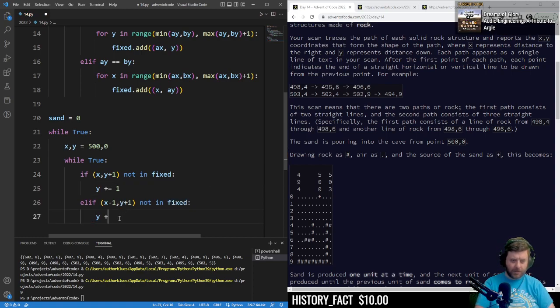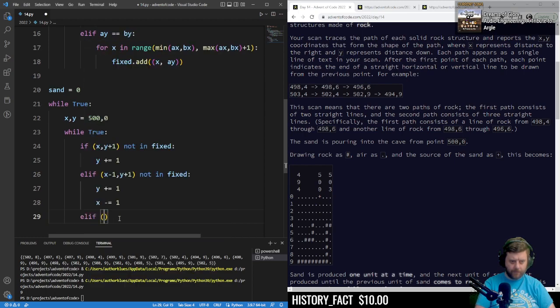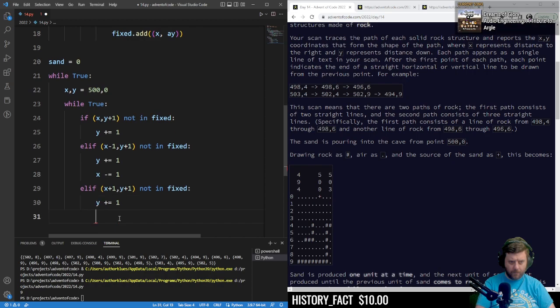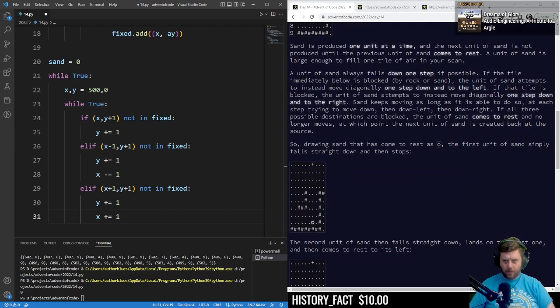Yeah, let me just do it this way then. I'm going to make it hard trying to... So it tries to go... All 3 possible destinations are blocked and it comes to rest.